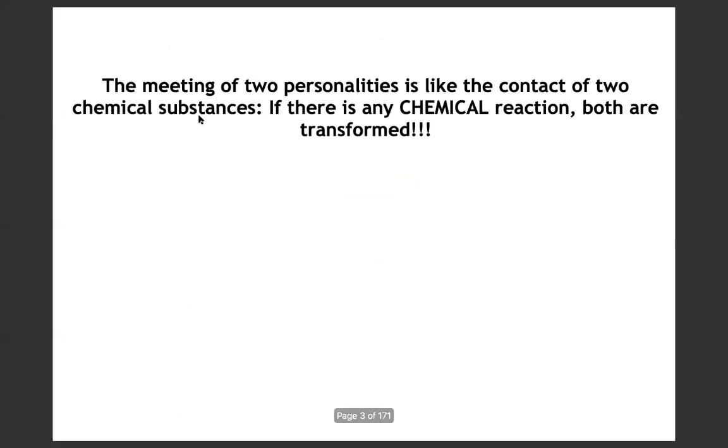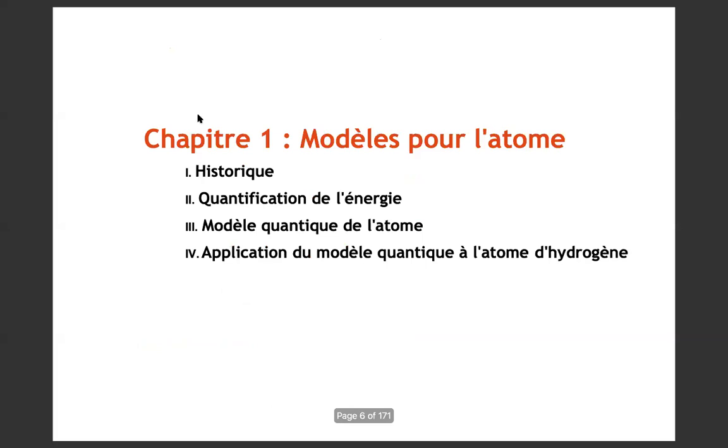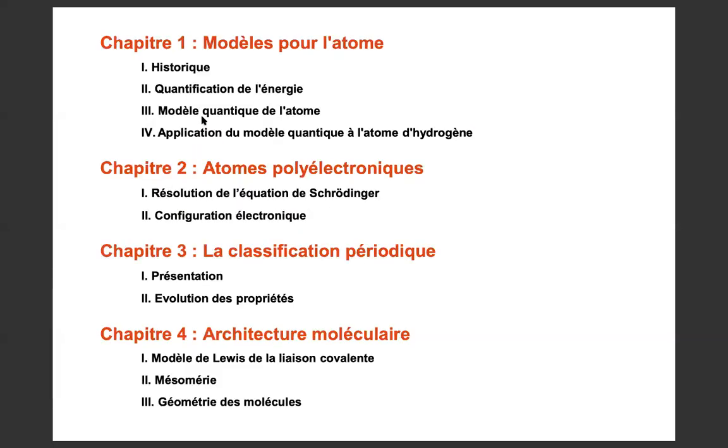So like I was saying, the first part will be the model of the atom, the second part the polyelectronic atoms, the third part the classification of the periodic table, and the last one the architecture of these molecules.